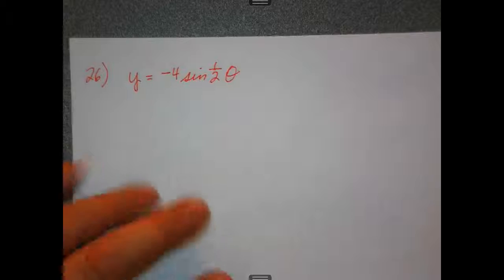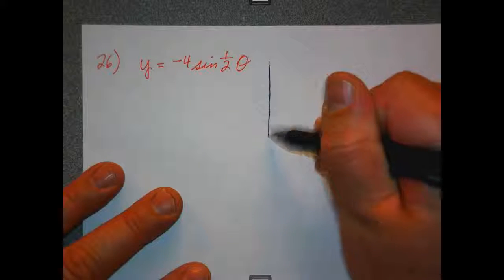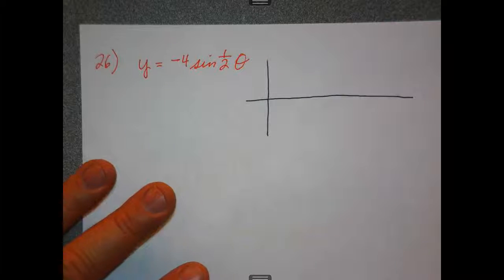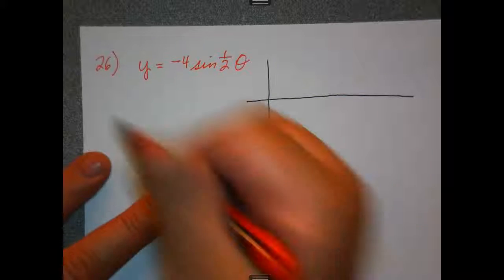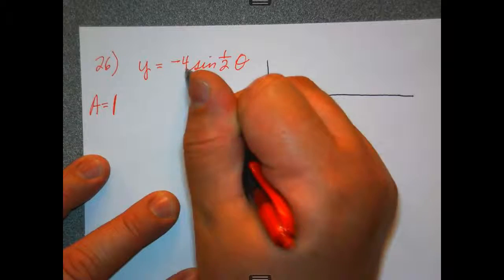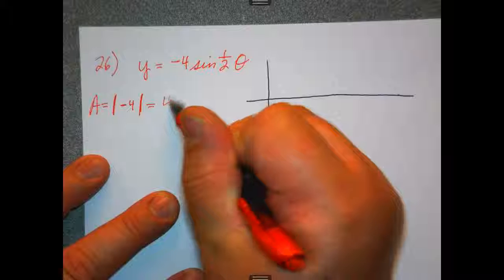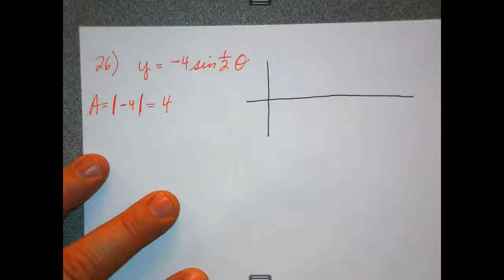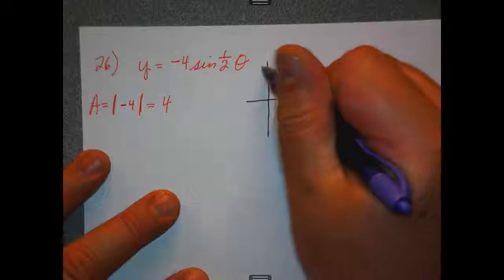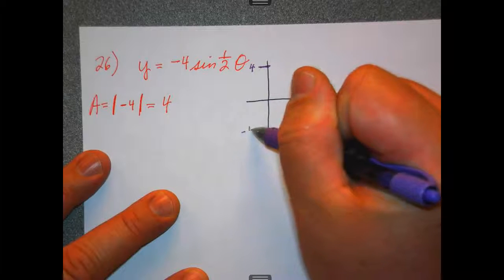Okay. Step 1. Well, I better put my graph on here. Okay, step 1, find the amplitude, which equals the absolute value of this coefficient, 4. Or I think actually this is step 2, but that's okay. So we have 4 and -4, right?